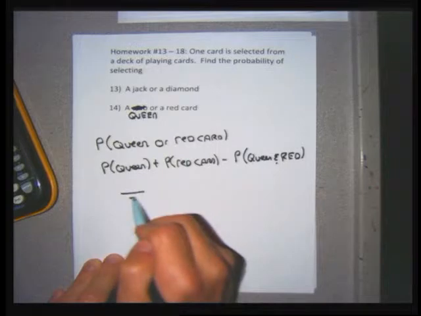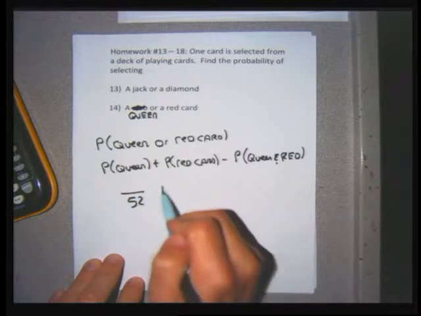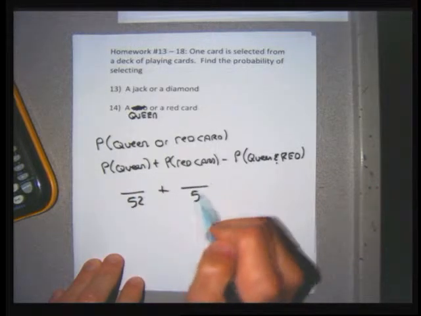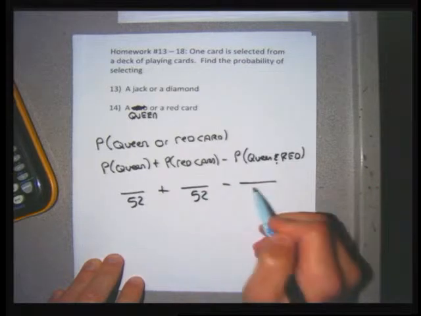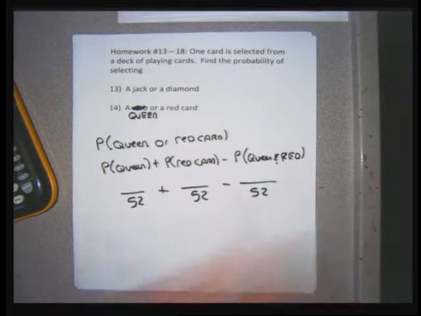Each one of these is going to be a fraction that has a 52 in the denominator because when I'm picking one card from a deck of cards, the denominator is 52 because there's 52 cards in a deck of cards. So now I'll work on the numerators.